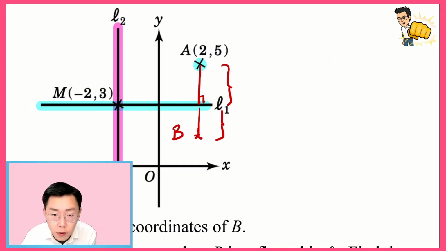So for these lines, I can say that L1 is the horizontal line, and also L1 passes through point M. So the equation of L1 should be y equals 3.